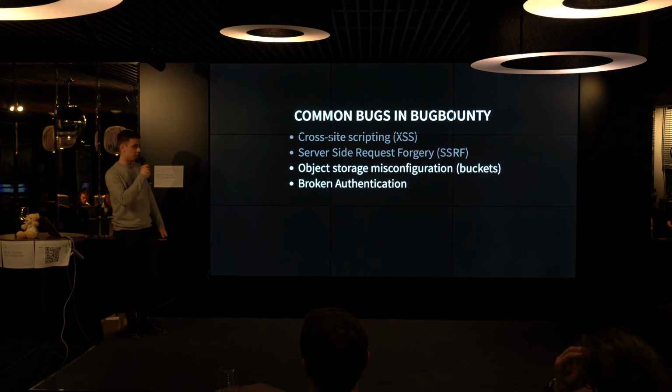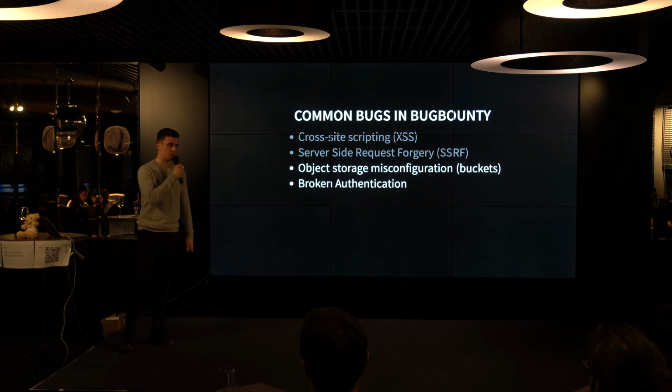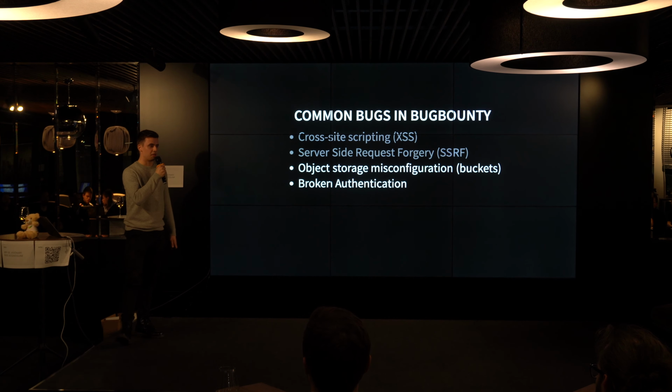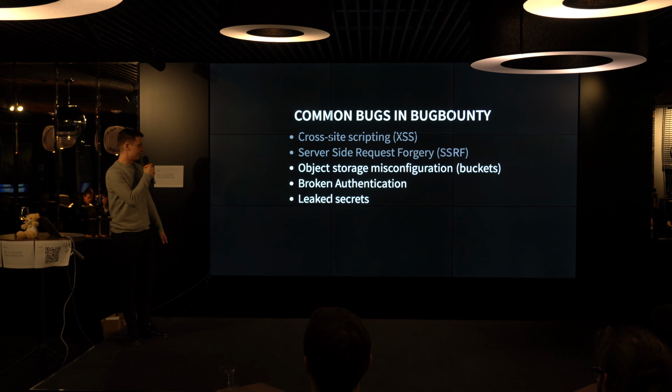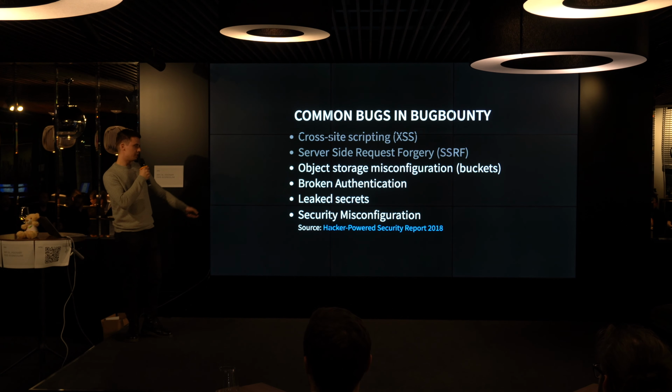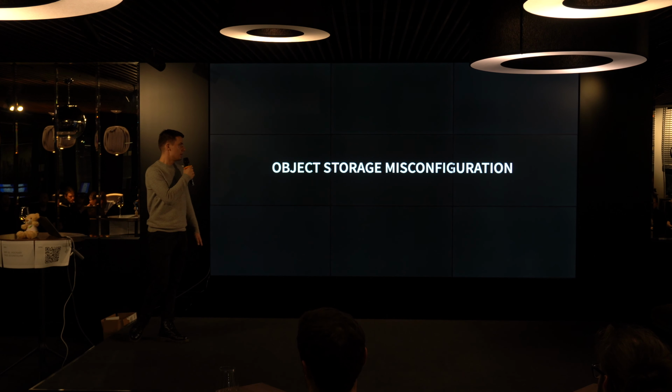So we will focus on this one mostly, but not only on that one, also on broken authentication, which is just a fancy name for no authentication mostly, leaked secrets, and security misconfigurations. The source of this data is the Hacker-Powered Security Report from HackerOne.